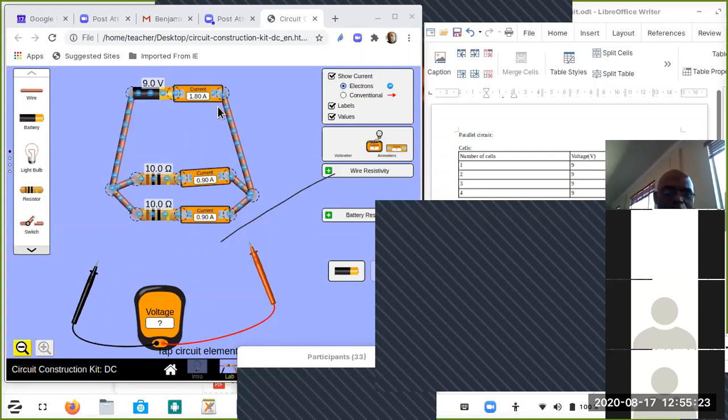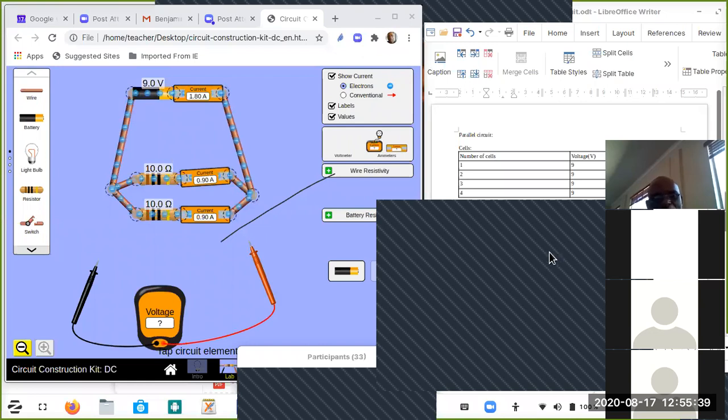Quickly find out whether that statement is true. Just add 0.9 amps plus 0.9 amps. Does it come up to 1.8? Yes, it does. So as we connect more resistors in a parallel connection, current is shared, right?